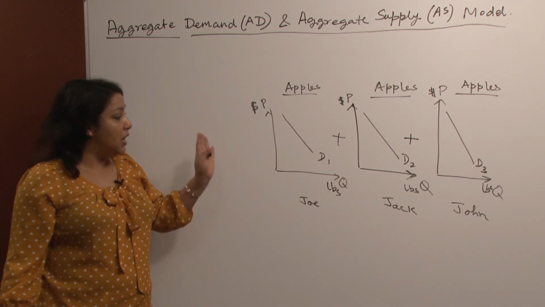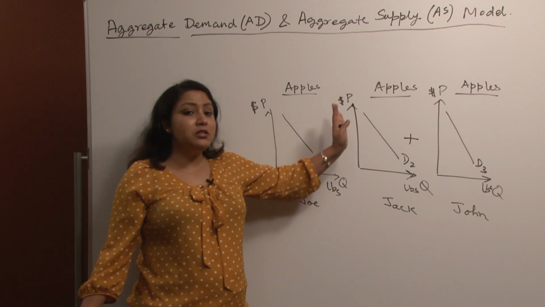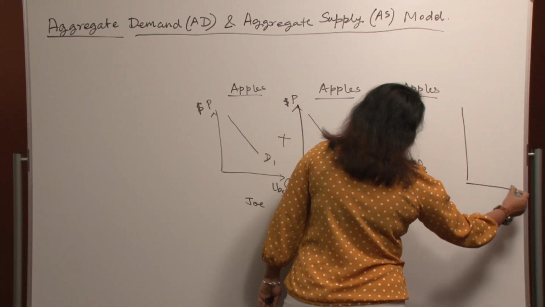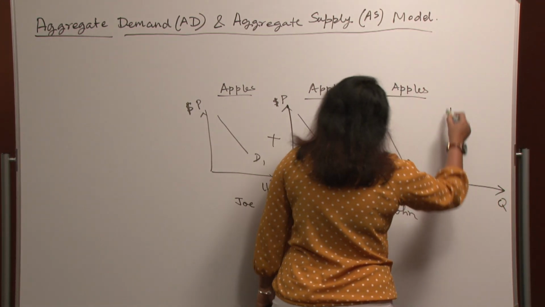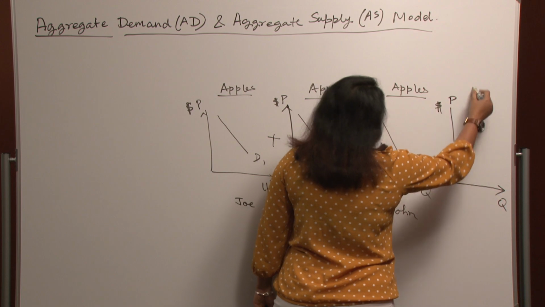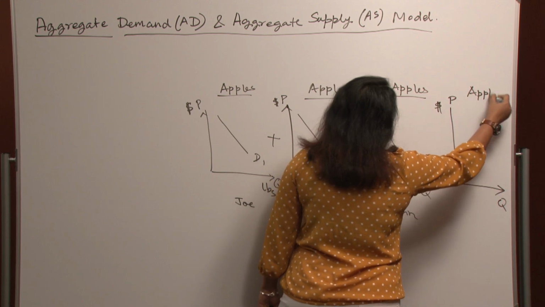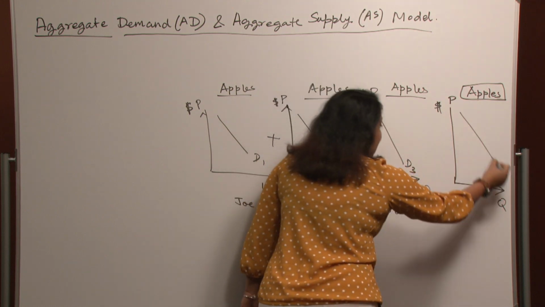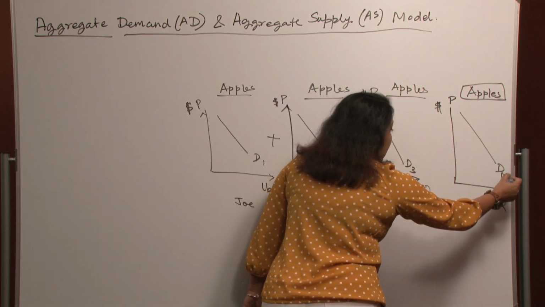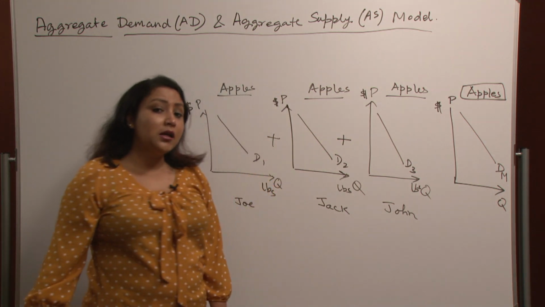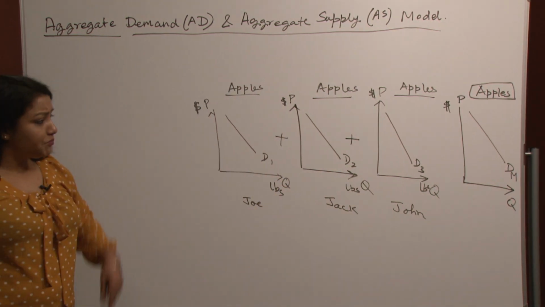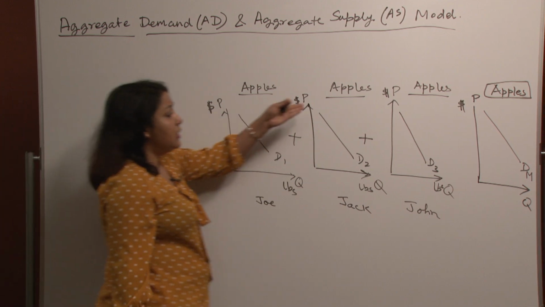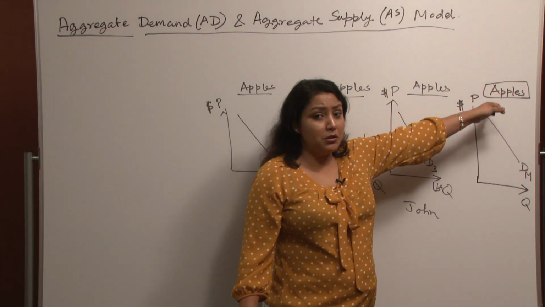you can go back and take a look at that. But if we horizontally sum D1, D2 and D3, then we end up getting another downward sloping demand curve, and that downward sloping demand curve is still the demand curve for the commodity apples, but that demand curve, let us call it DM, is basically the market demand curve for apples. So, what is noteworthy here is that we are still talking about the demand for apples.